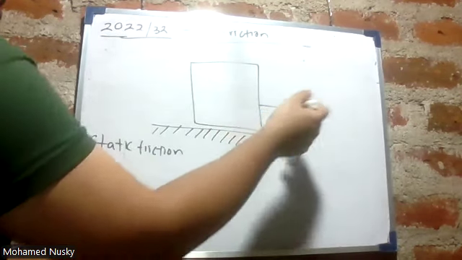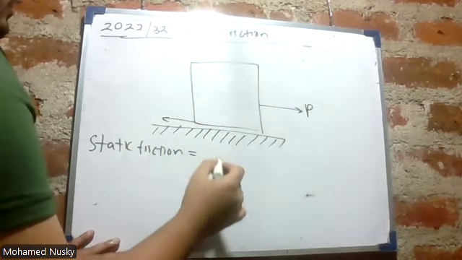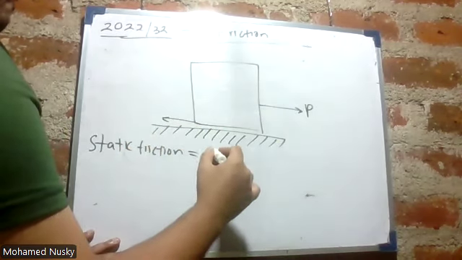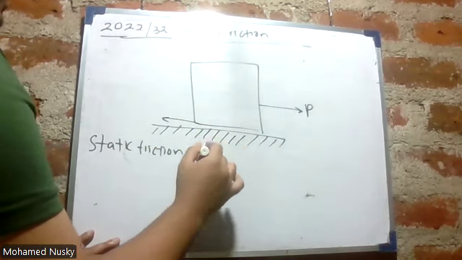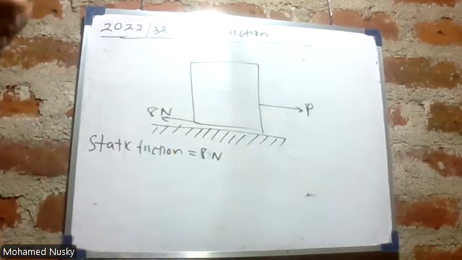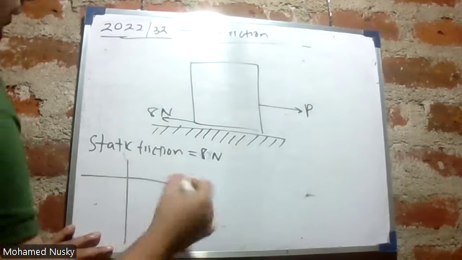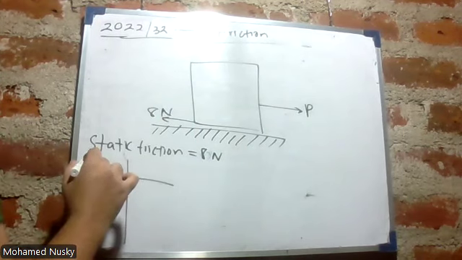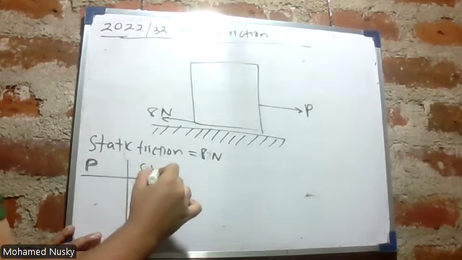Now here a force is given in the forward direction. Let us take the static friction here as 8 Newton. 8 Newton is the static frictional force. Now, I will put a table. This is the force P that I am giving, and this is the friction.